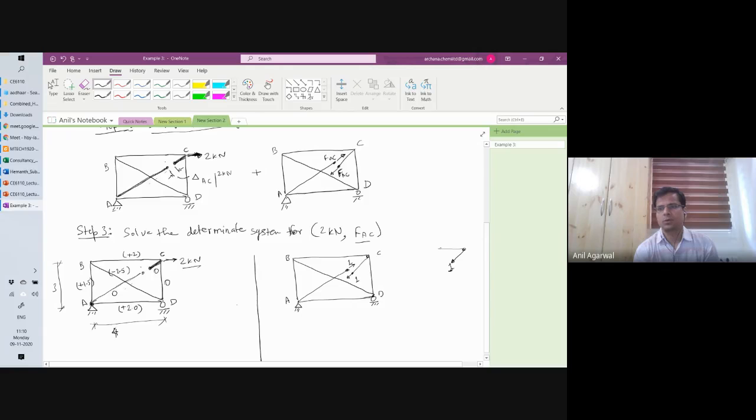Its horizontal component will be, since the ratio is 5:4, 0.8. Okay, and it's in opposite direction, sorry. In order to keep joint C in equilibrium, I have to have a 0.8 force acting here. And how much force should be acting in this direction?